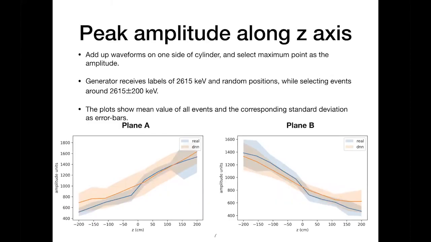Now let's look at more events. I pick the events around the peak, which we use to create a light map for calibration of the result. Here we find the peak, add up all the channels of one plane, and see how they change along the z-axis.